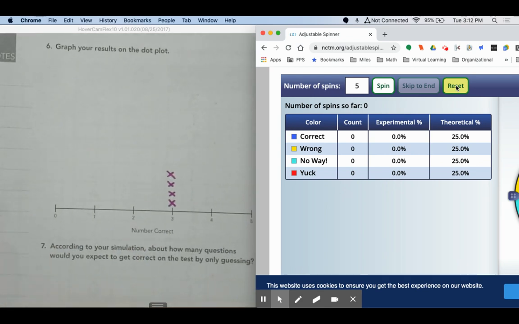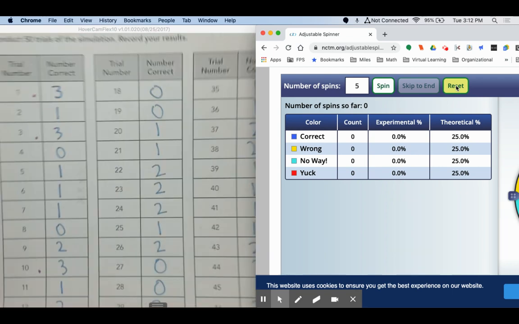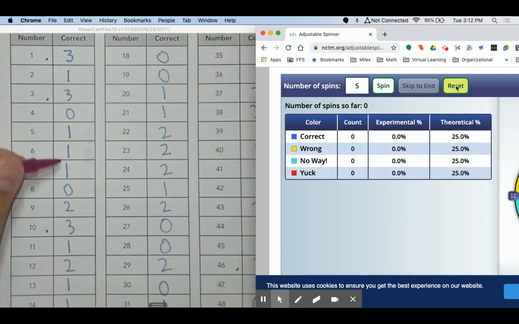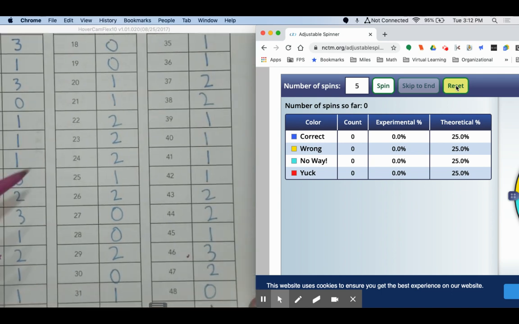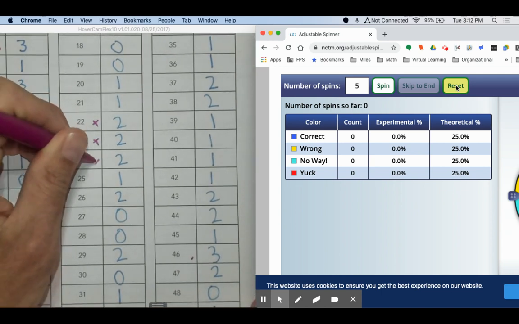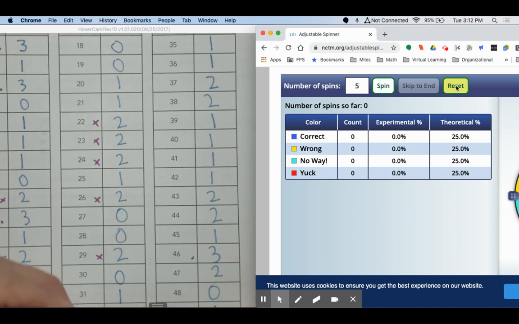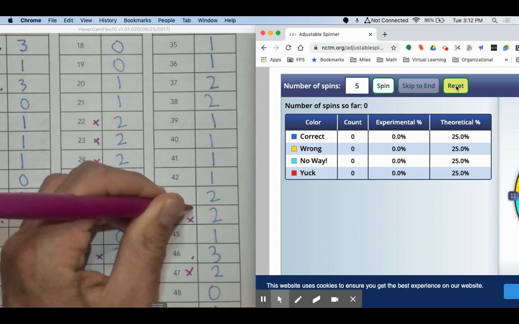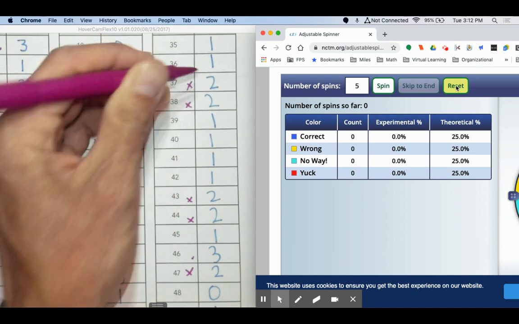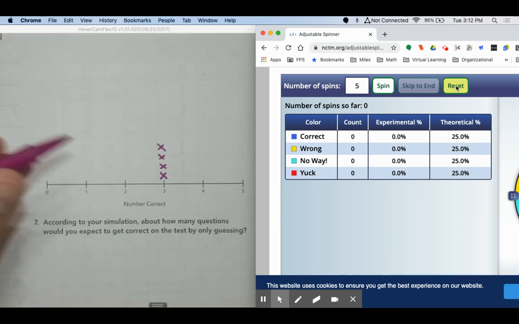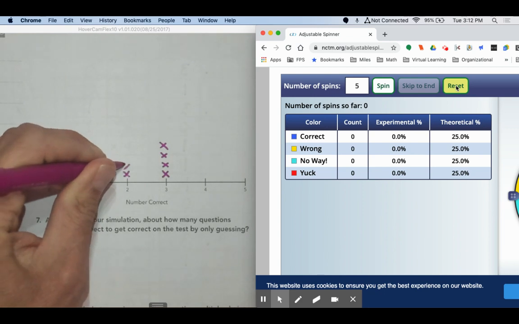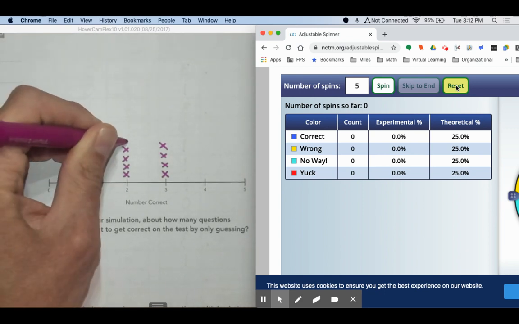No 4s, no 5s. 2s: 1, 2, 3, 4, 5, 6, 7, 8, 9, 10, 11, 12, 13, 14. 14 2s.